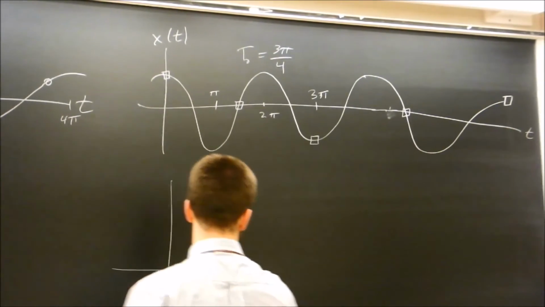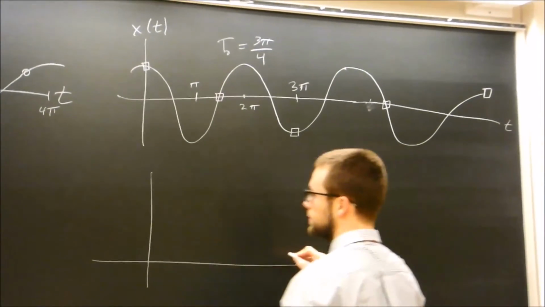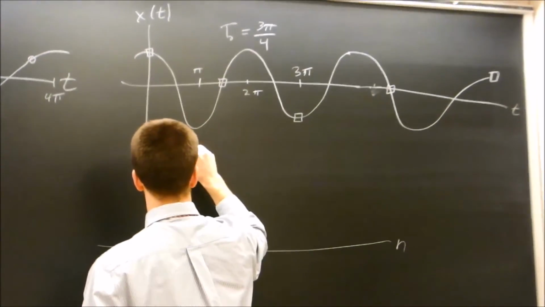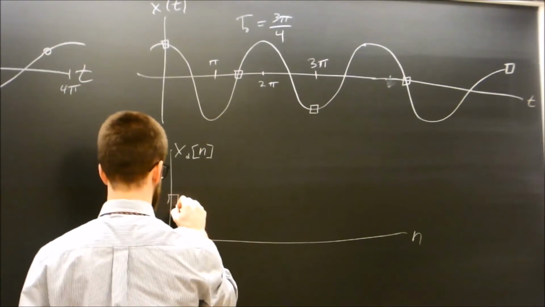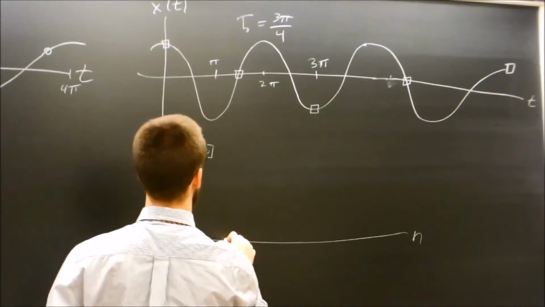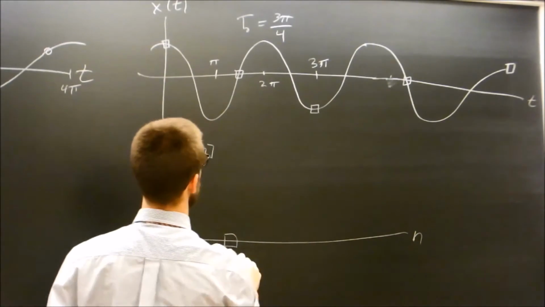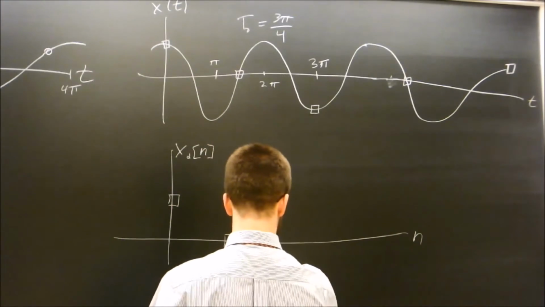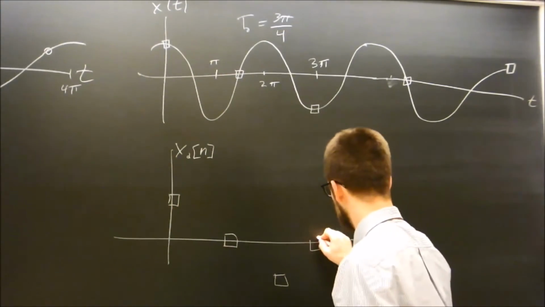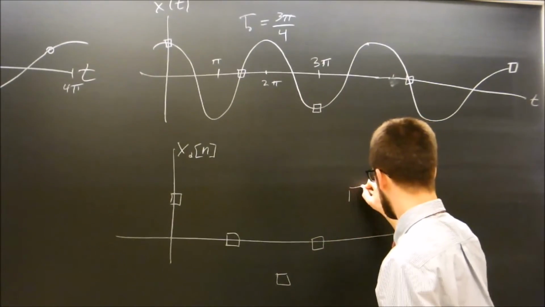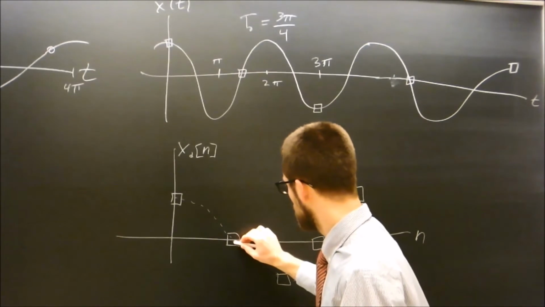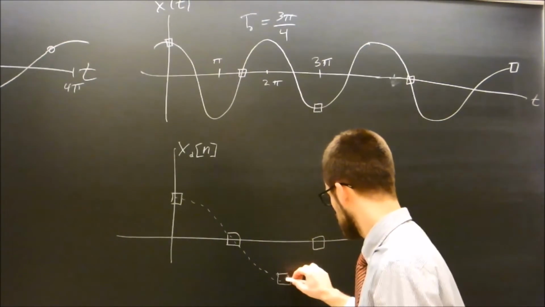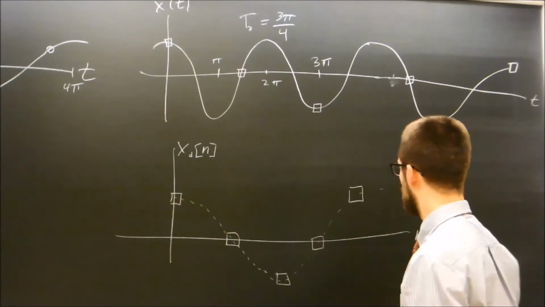If I draw this now in discrete time, you can see our first sample is 1, our next sample is 0, then minus 1, back to 0, plus 1. You can see the pattern. And so the easy cosine to draw here would be this one.